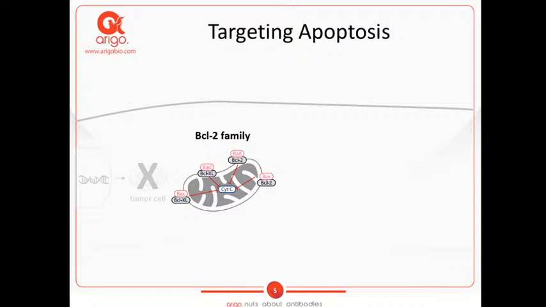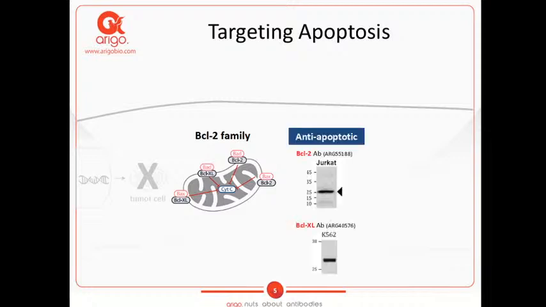There are two subclasses in the BCL2 family. One is the anti-apoptotic subclass, which includes BCL2 and BCL-XL. These proteins can prevent apoptosis, so they have an anti-apoptotic role.